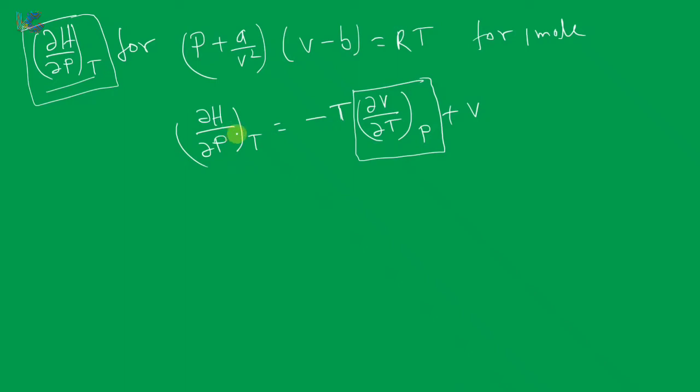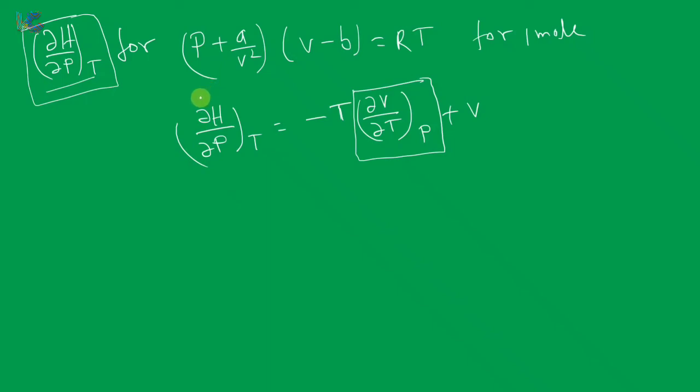But if you are still finding it difficult to derive this, then you can comment, and if I see that you are commenting, then I will make a separate video just to derive this quantity ∂H/∂P at constant T for n mole of van der Waals gas.